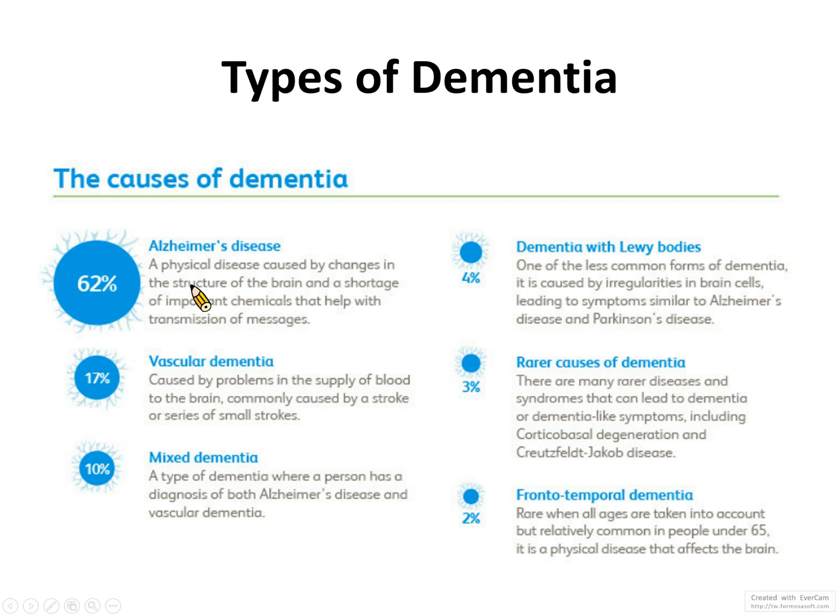The main feature of Alzheimer's disease is that it is a physical disease caused by changes in the structure of the brain and a shortage of important chemicals that help with the transmission of messages. That is quite a lay explanation of Alzheimer's disease.